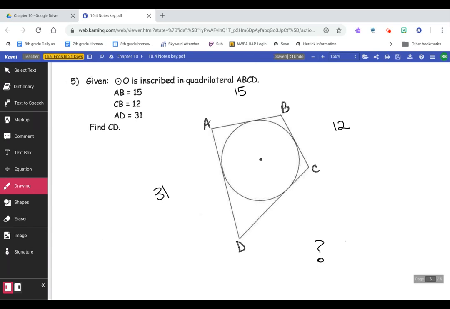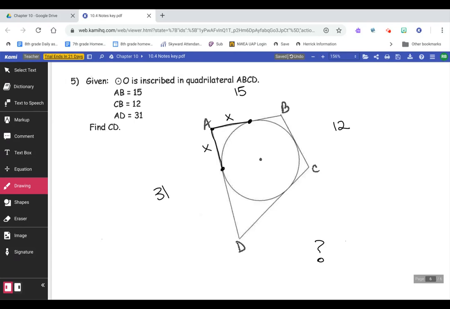Let's do this. From A to here, let's go from here to here. That's going to be X. Well, that would mean from here to here is equivalent. It's congruent.